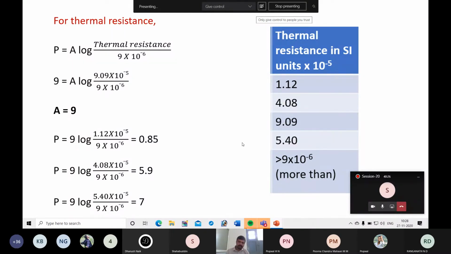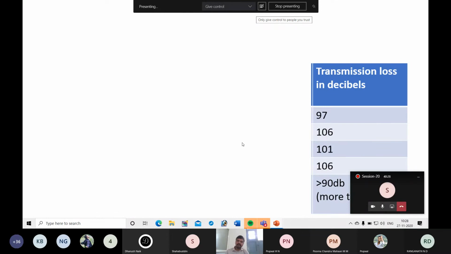Next, similarly you have to follow the same procedure for transmission loss. Okay, for which one can you assign 9 if you consider transmission loss? 106. Okay, so you can consider two materials.